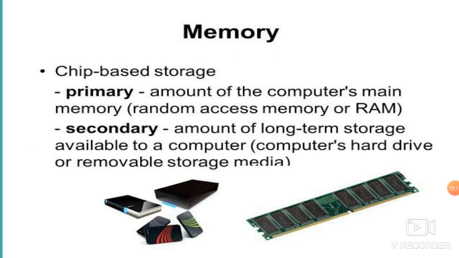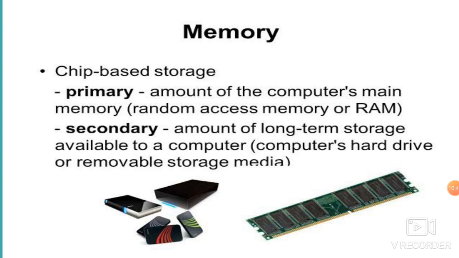Next comes memory. Memory means whatever we are doing in our system gets stored for our future use, and we can store that particular data randomly also. So memory means anything which can store data for future purpose.